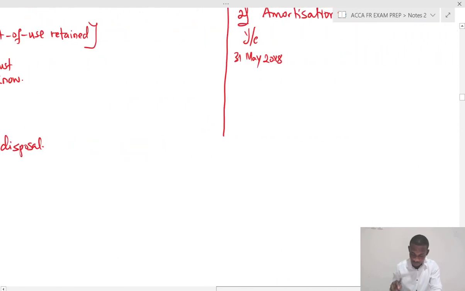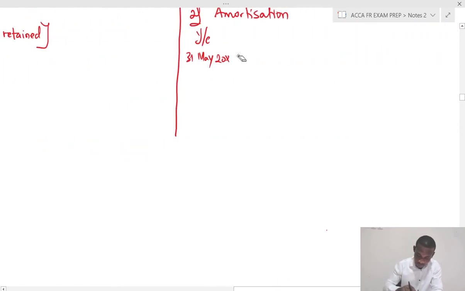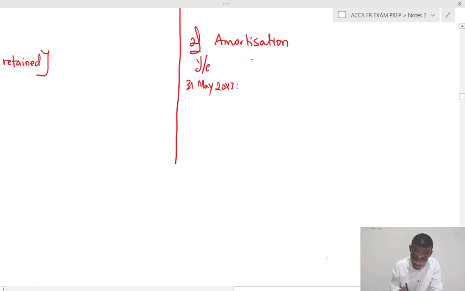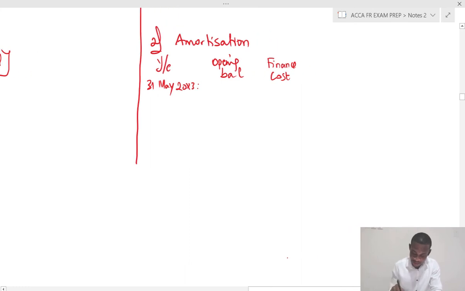Like we have built on, we have the opening balance, the finance cost, which is the effective interest. Remember, it is lease payable in arrears. Then I have the rental paid, and I have the closing balance.